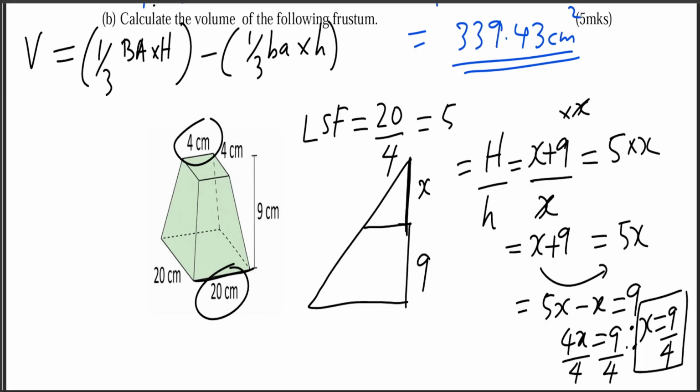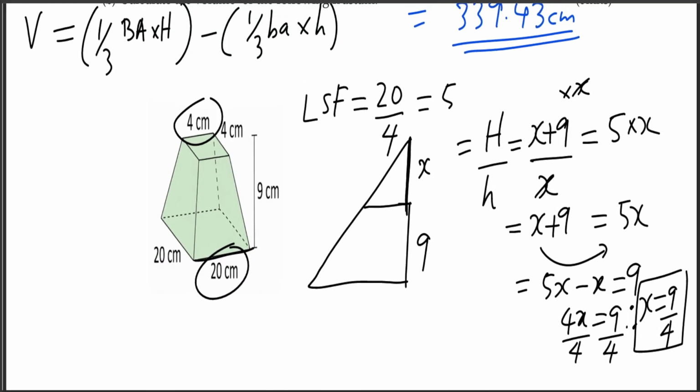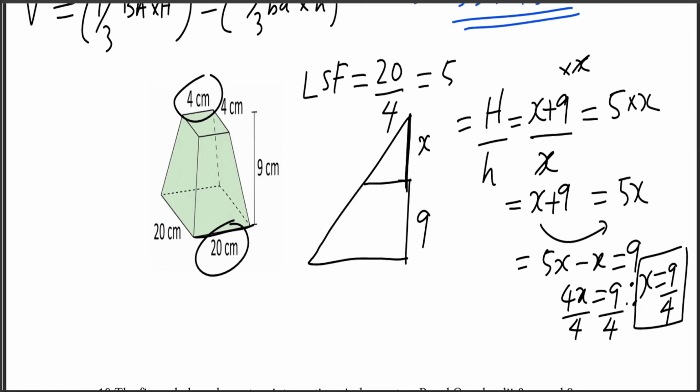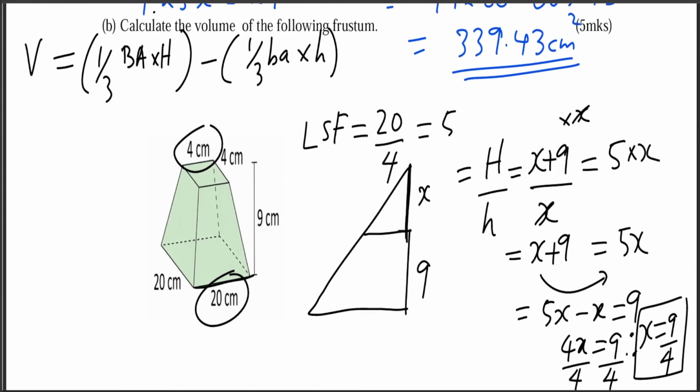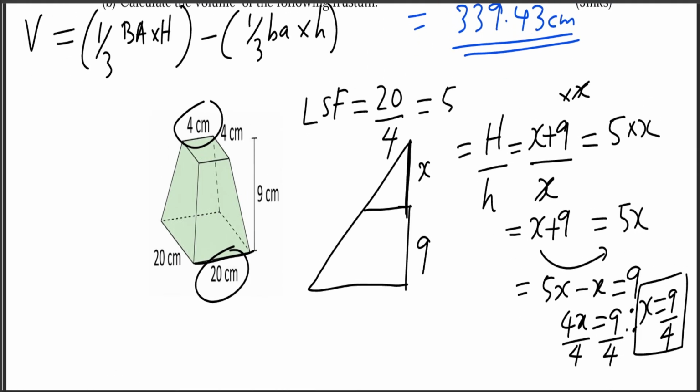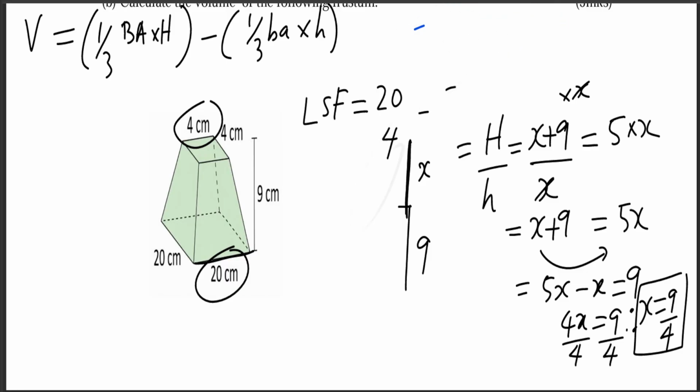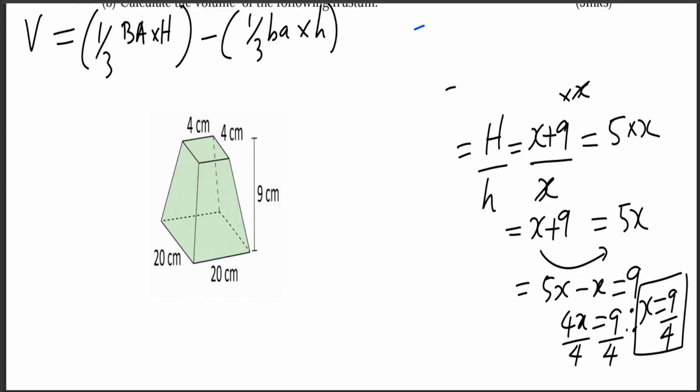So this is not the answer. This is just part of the answer. We have now found the smaller height, and things become easy from there. Now let's take a third times your base area, which is here.